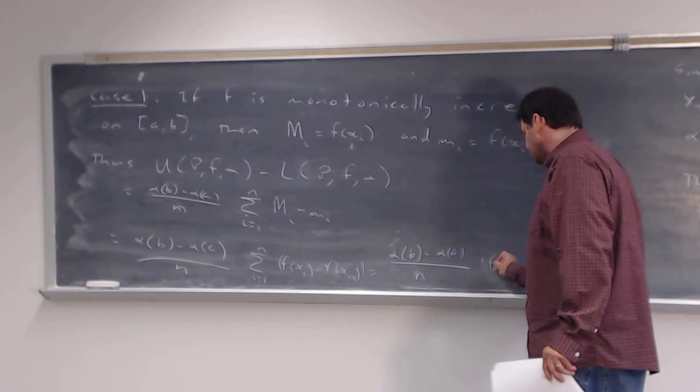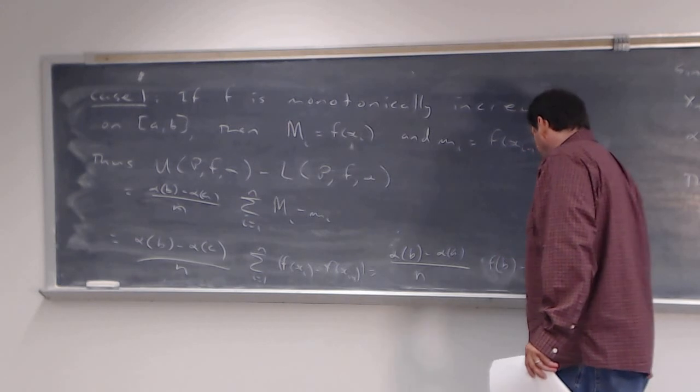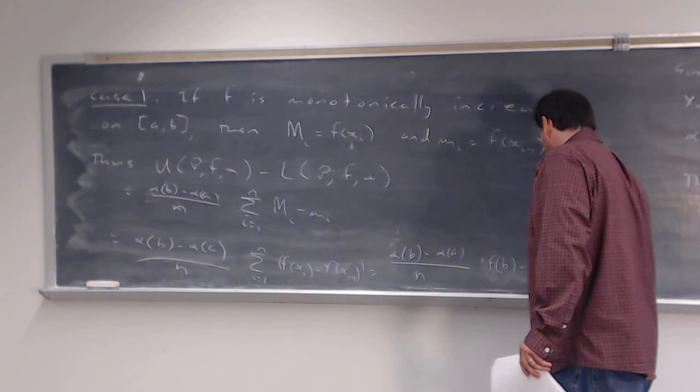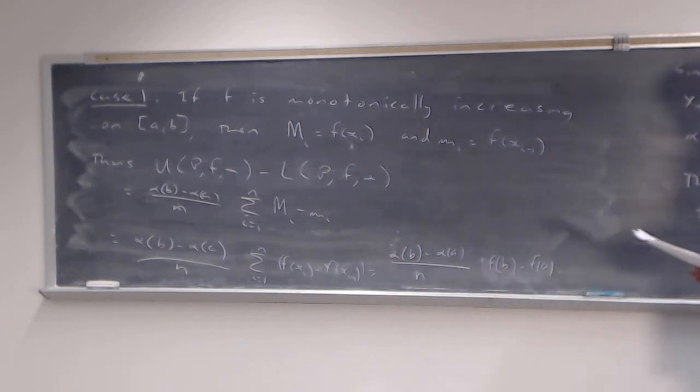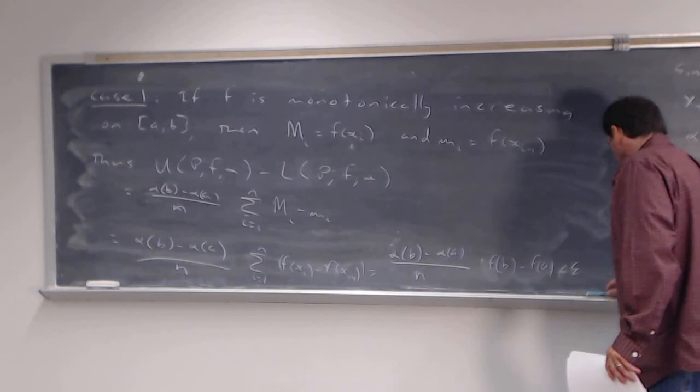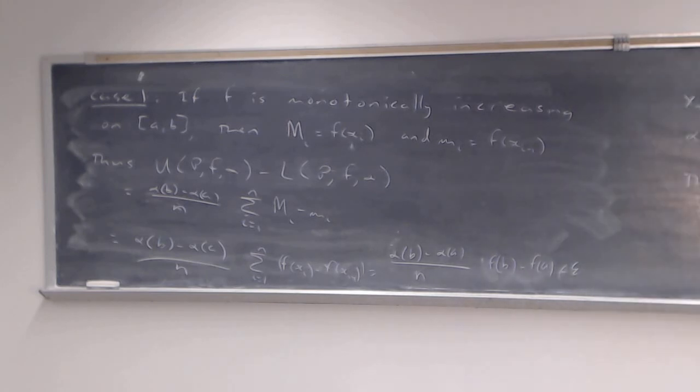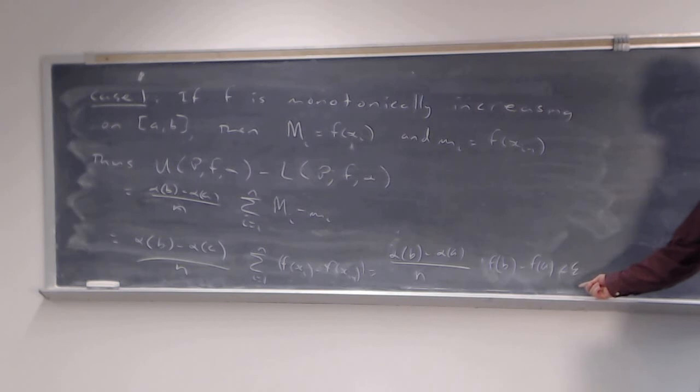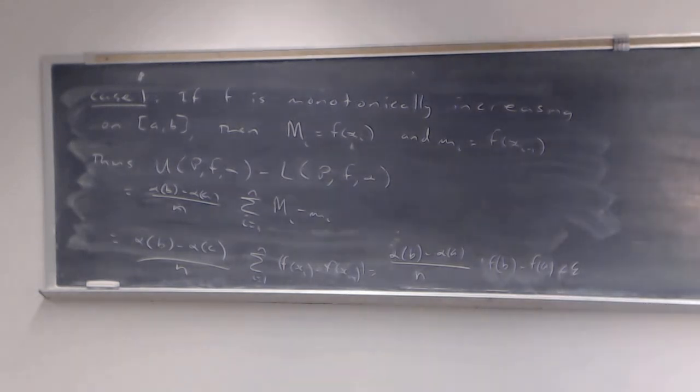What we're left with here is just F of B minus F of A. And this is going to be less than epsilon, not all the time, but for certain choices of n.